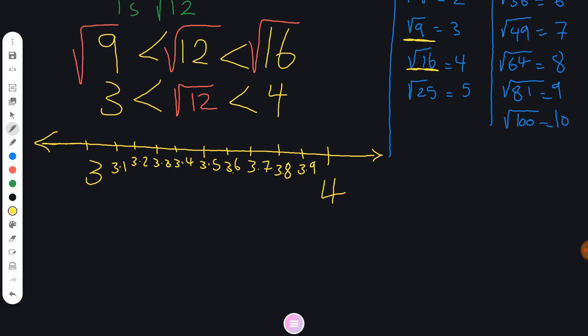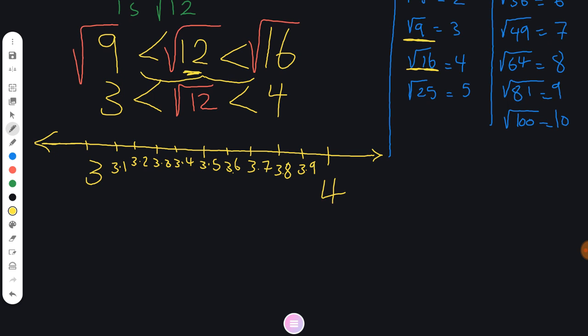What do you think? If you want to make an estimation, is 12 near to 9 or near to 16? The difference between 12 and 9 is 3. The difference between 12 and 16 is 4.